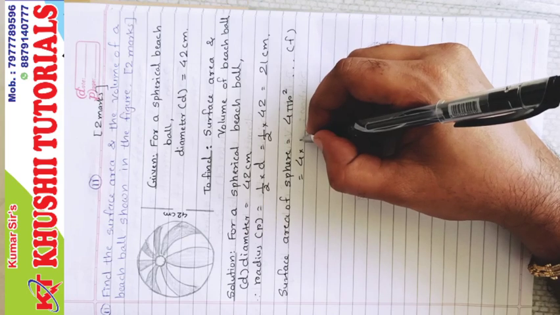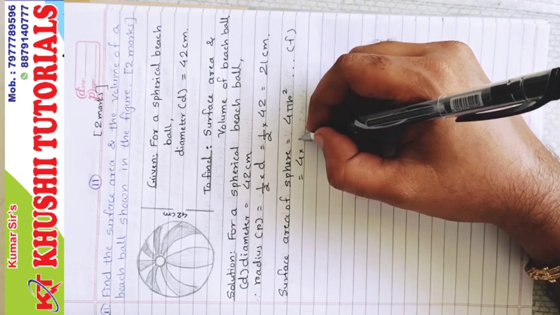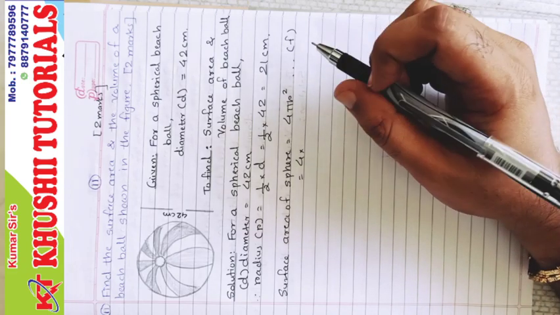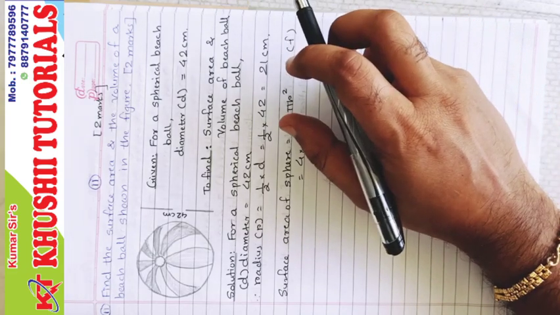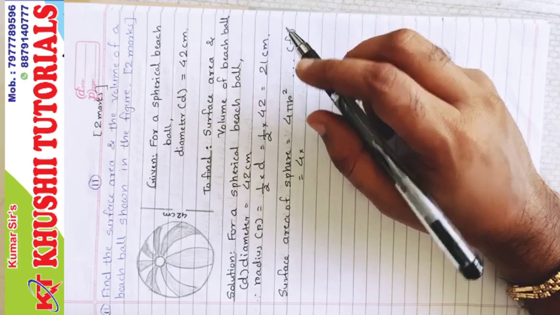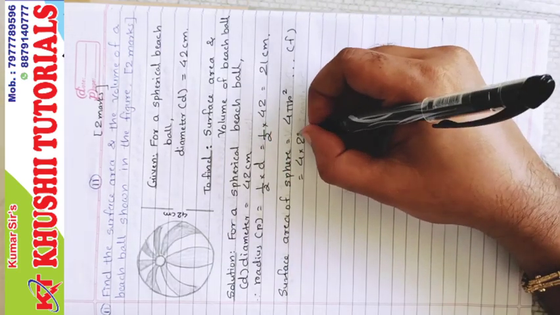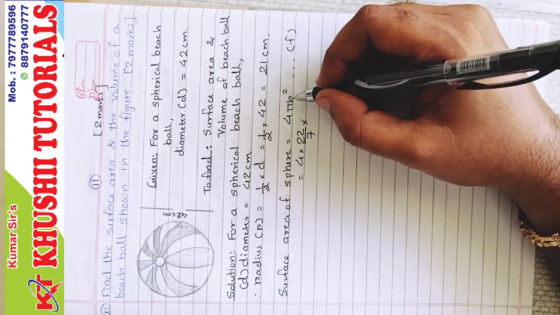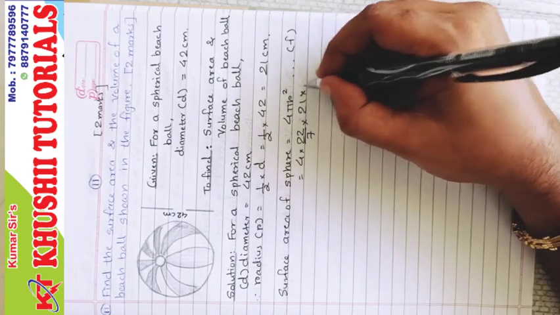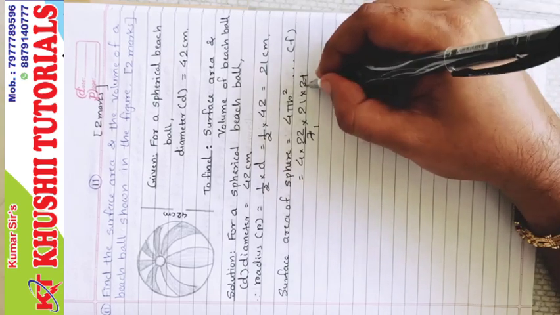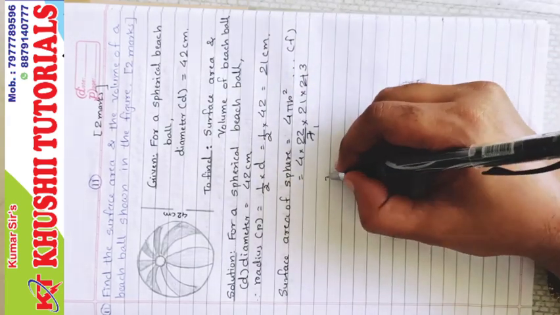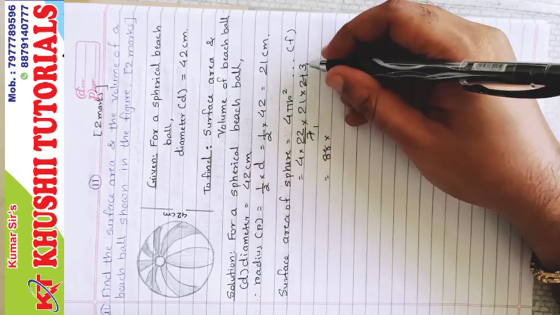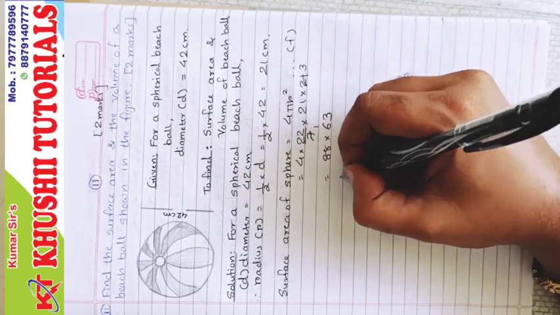Pi value is not given, so we have to take it as 22 upon 7 or 3.14. It should be given or not given. Let me check the textbook. So it is not given, so we will be taking 22 by 7, and R is 21 into 21. 7 ones are 7, 7 threes are 21. So 22 into 4 is 88, and 21 threes are 63.